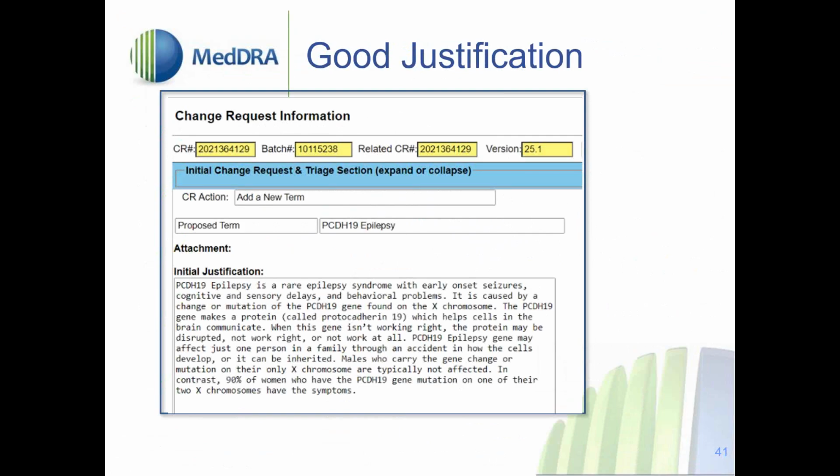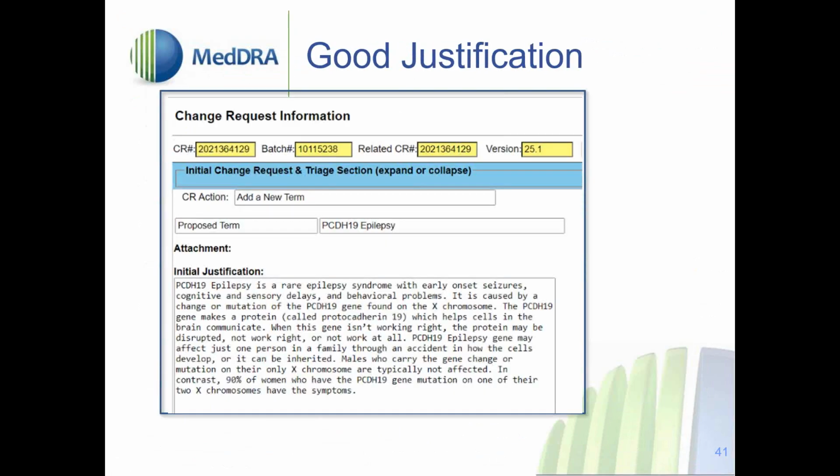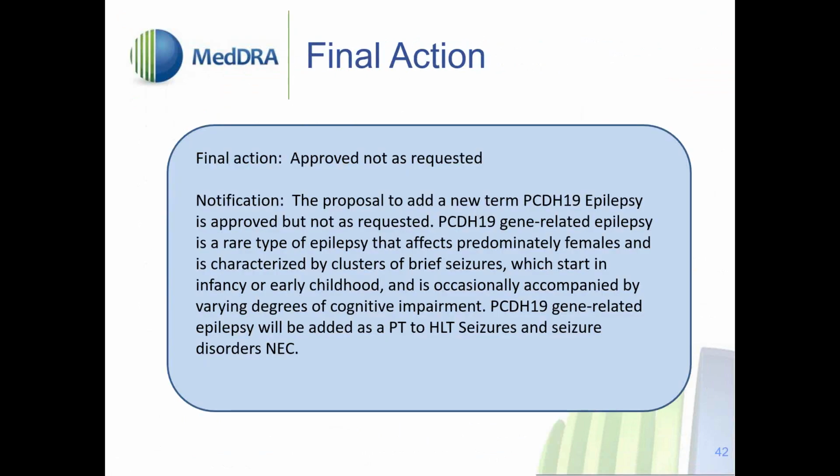And they tell us about the gene mutation, such that they also submitted another term. I'll tell you the answer for that one first: it was approved, but not as requested. It is a rare type of epilepsy, but why was it not as requested, Eva?